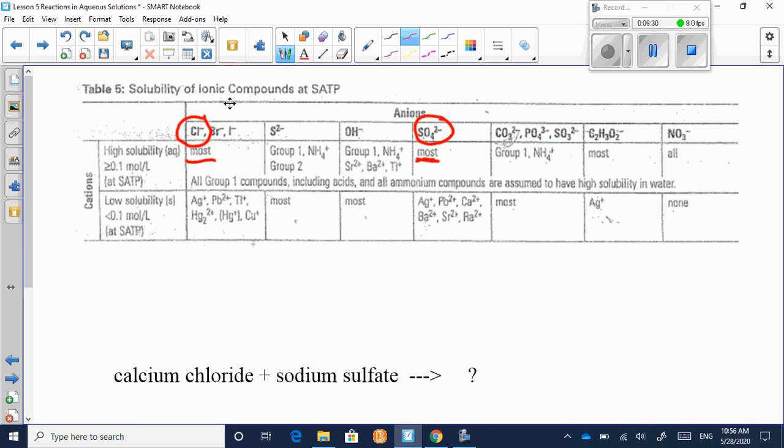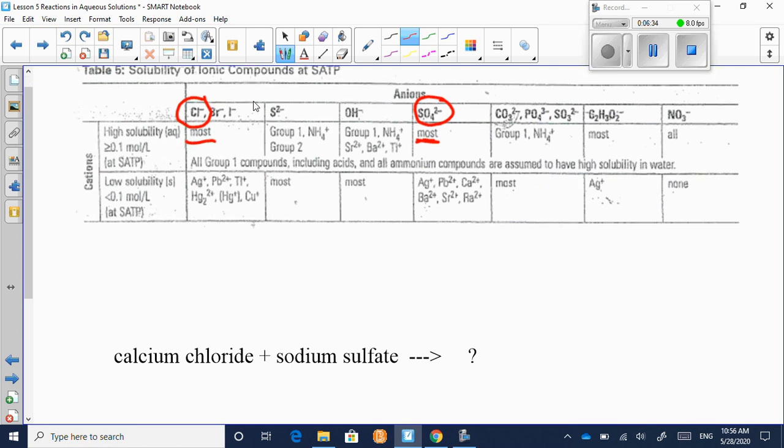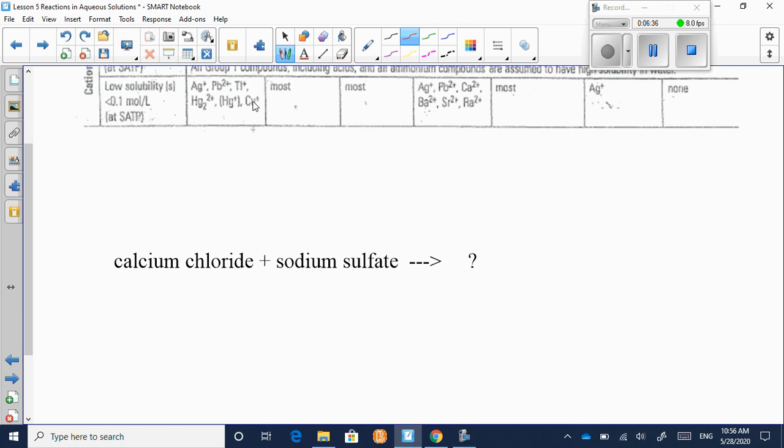What we've done is look to make sure that both of these are soluble. So I'm going to write that we've checked them out, and we know that both compounds are soluble.